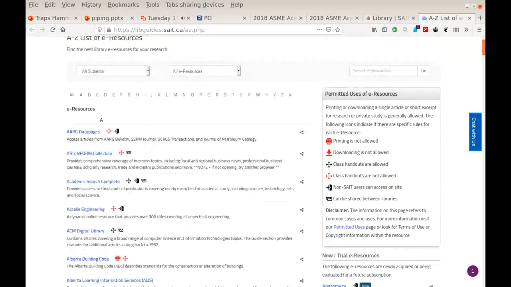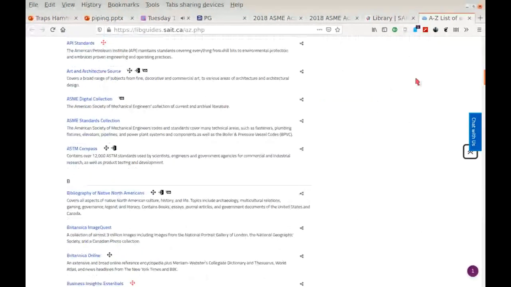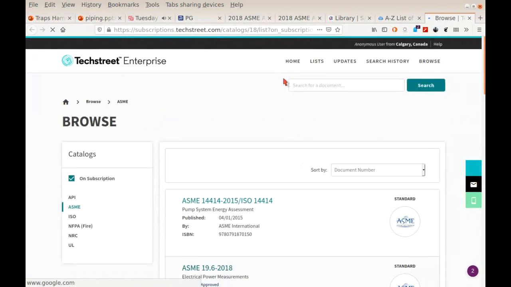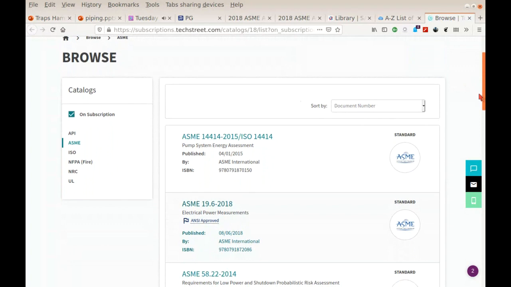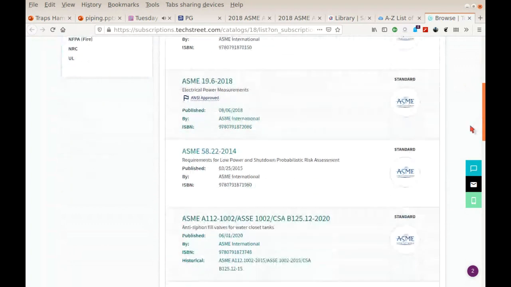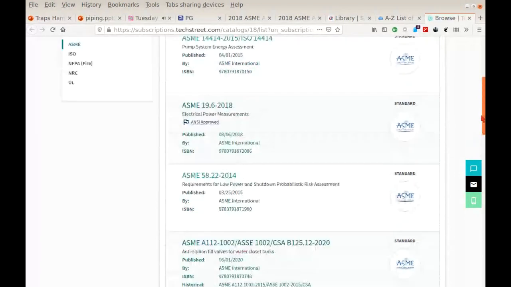And when you go through that A to Z list of e-resources, A is for ASME. So go to the ASME Standards collection. And it'll take you to a place called TechStreet. You might be able to do this from home, or you might have to do it at the campus. I'm not too sure, but it has all of the ASME codes, like whatever you want, it's there.